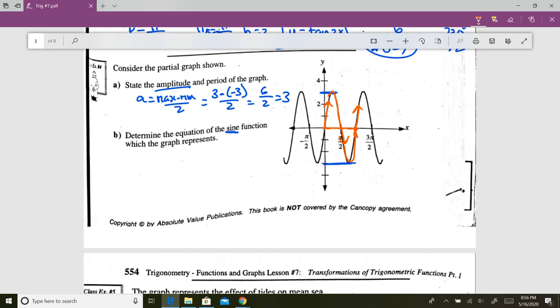Well, they tell us that each line is pi over 2. How many lines? 1, 2 to get there. Okay. So I know that the period would be 2 times pi over 2, which is just pi. Okay. And now I know the period is pi.